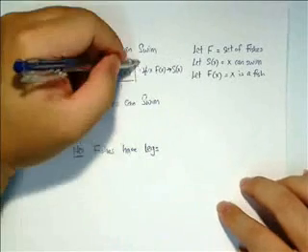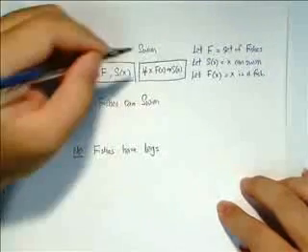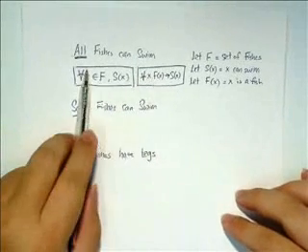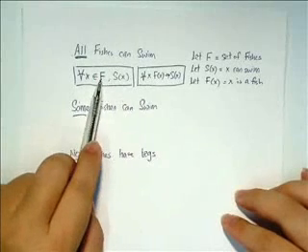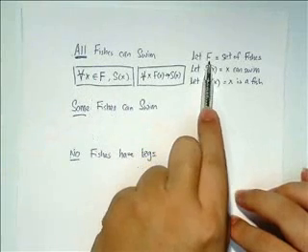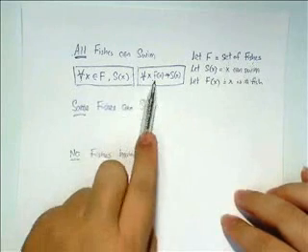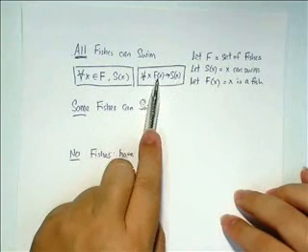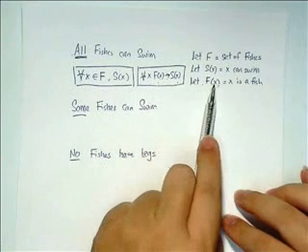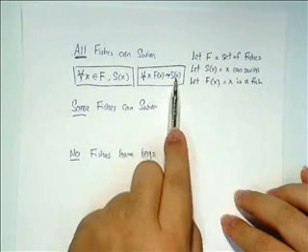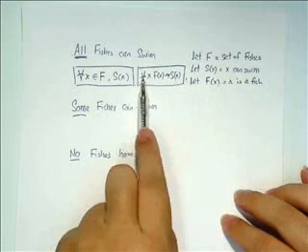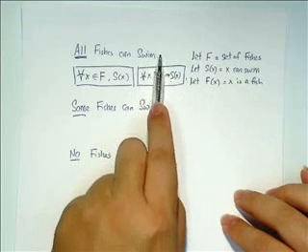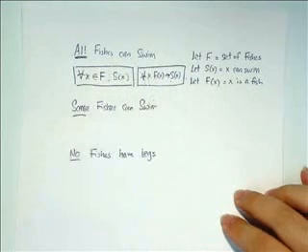This is the second translation for the same statement. Can you see what's the difference? In the first translation we have a domain F, a set of fishes. In our second translation we don't make use of a domain; instead we make use of two predicates, Fx and Sx. Fx means x is a fish, and Sx means x can swim. So for all x, if x is a fish, then x can swim, which captures the same meaning as the statement all fishes can swim.